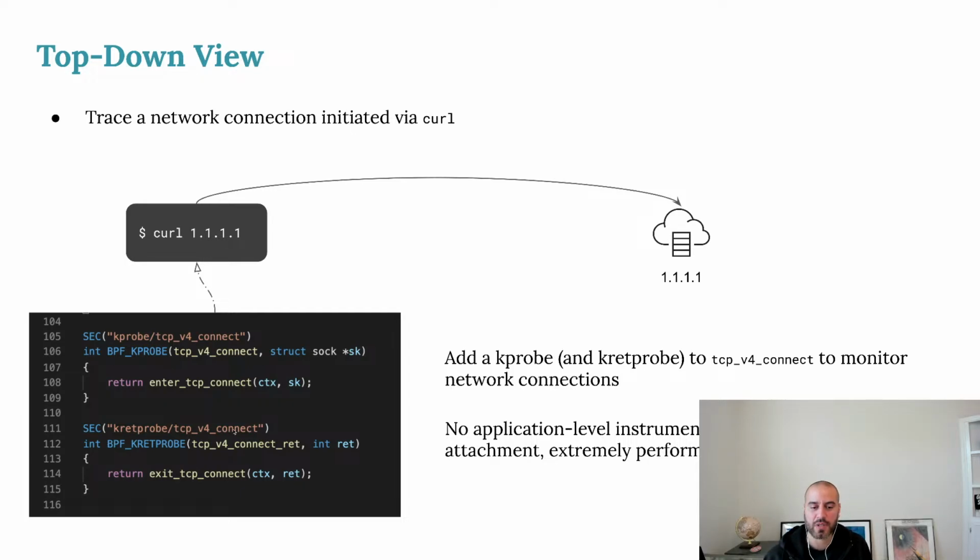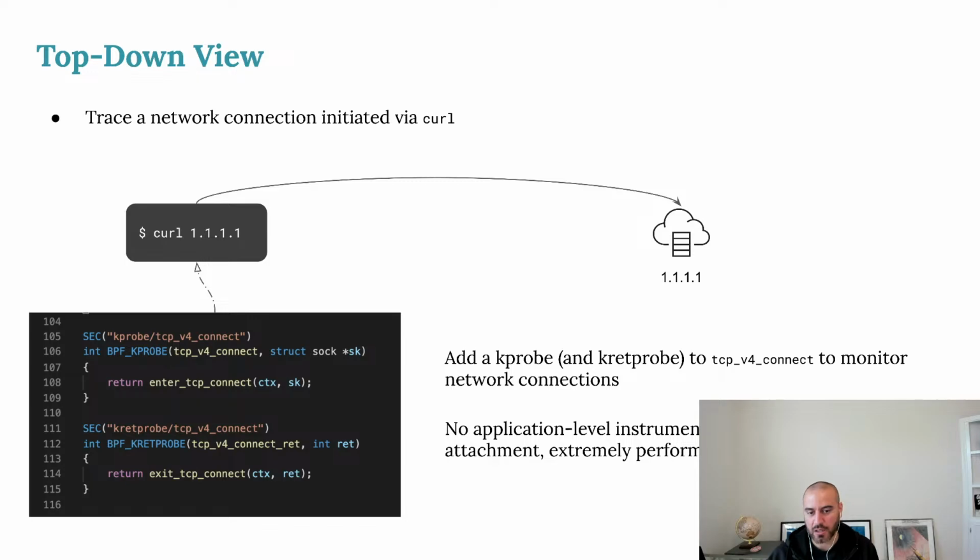And so what we can do is, we'll go look at an example. Let's log it, right? So we'll be able to know, for example, which PID is making a request to what server. And so the power comes from the fact that we're able to do this transparently to the application.